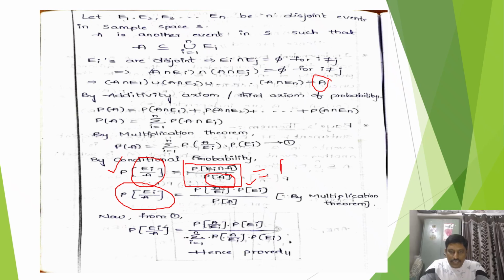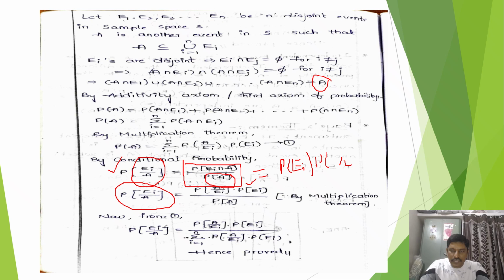So in the numerator, in generalized form, if I know the ith event probability, because this is a given set, then Ei intersection A, according to the conditional probability, we can write, because I know Ei, therefore in the given part we must get Ei.